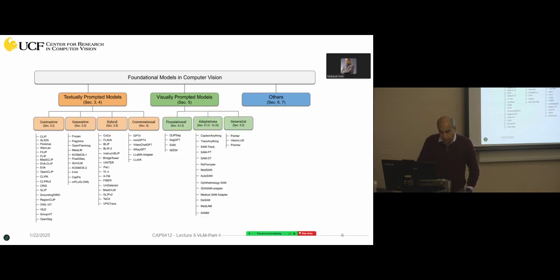Okay? Then we have visually prompted models, where you give them an input image, and suppose Segment Anything, which is a very popular model, and different other versions, and you can adapt those. The same can be adapted to tracking, pointing, and so on. And then there are some generalist models which will do lots of things.